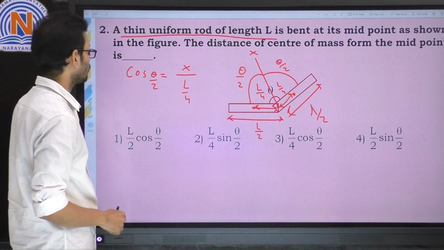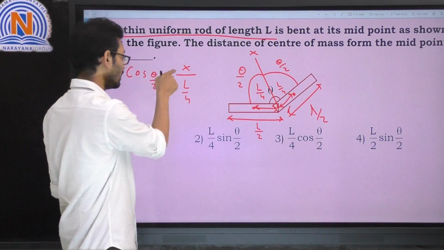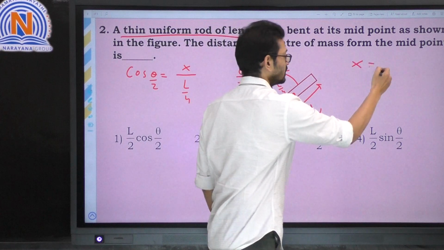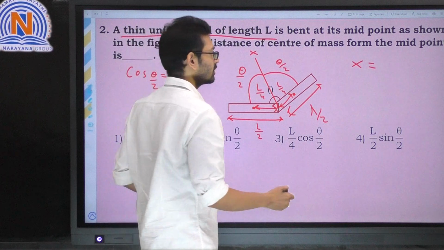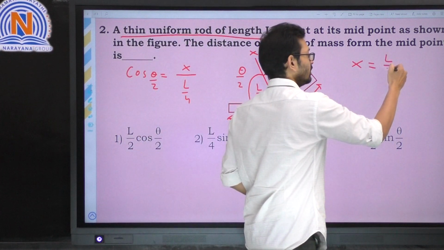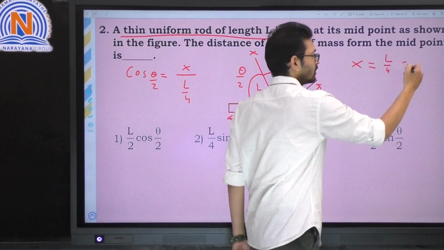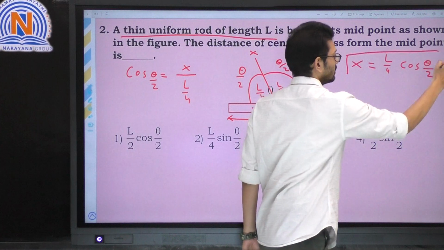Now I want the x value. L by 4 is getting divided over here, so I send it to that side and it gets multiplied. So my x value is L by 4 into cos theta by 2.